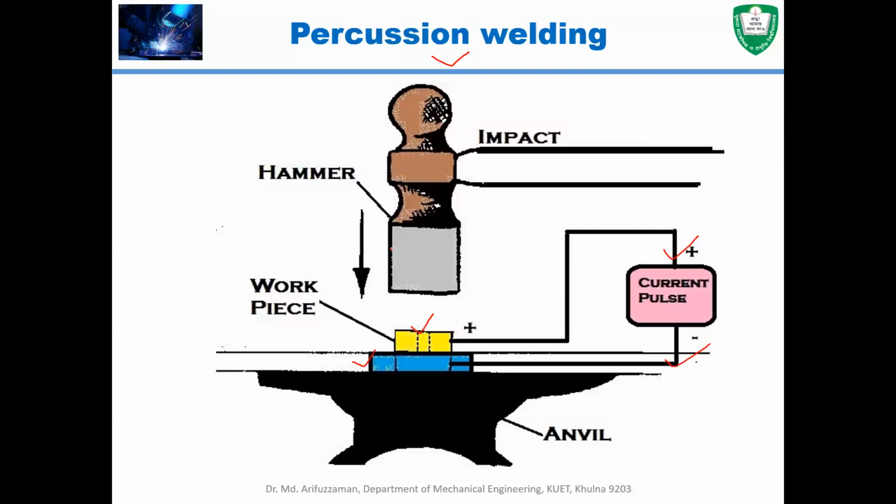You apply the current and then you apply the impact force to join them together. It is basically used to join dissimilar materials together with the help of heat generation. Heat generation is due to the electricity, and the joining occurs because of the impact hammering.